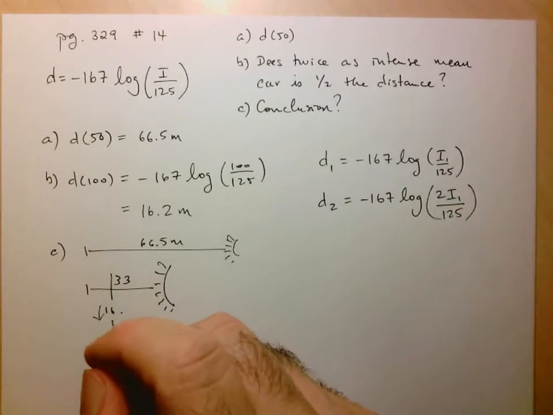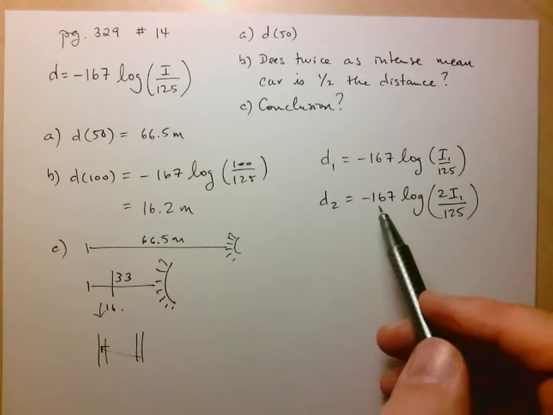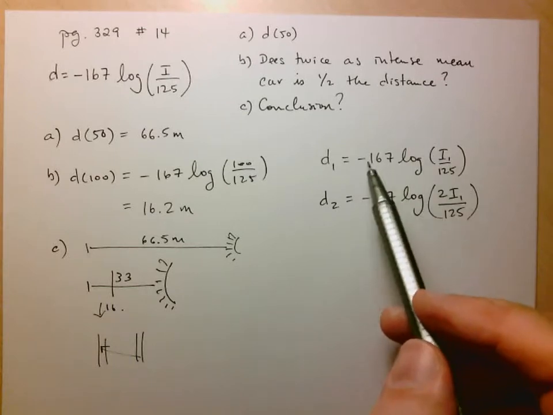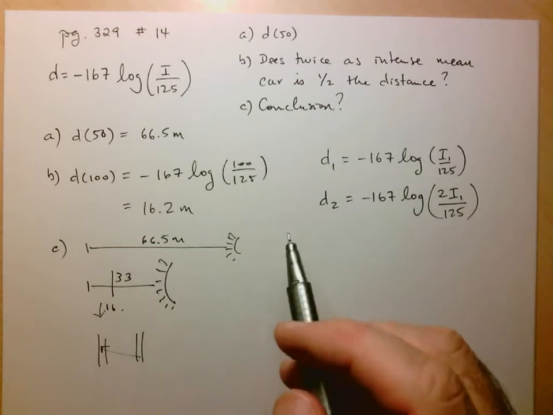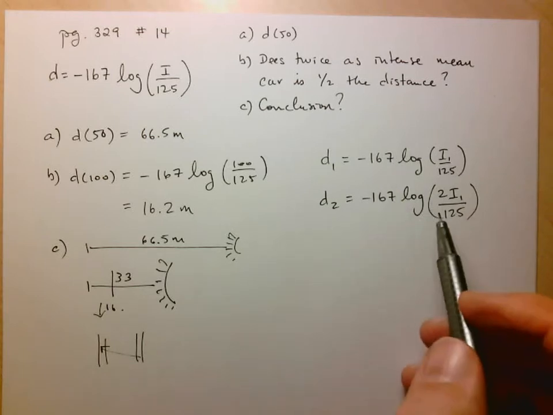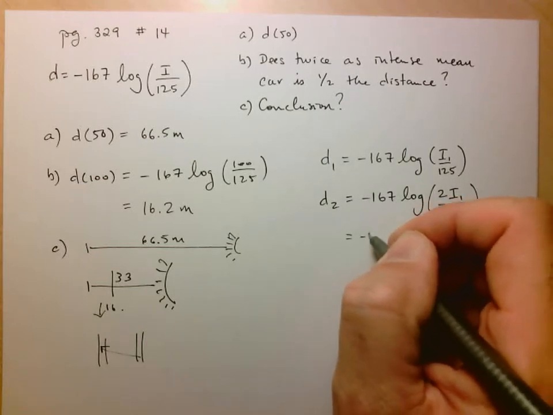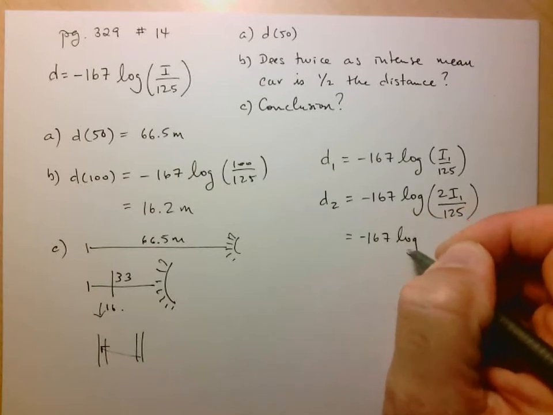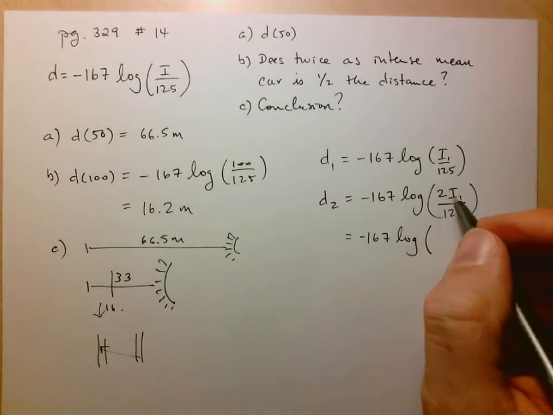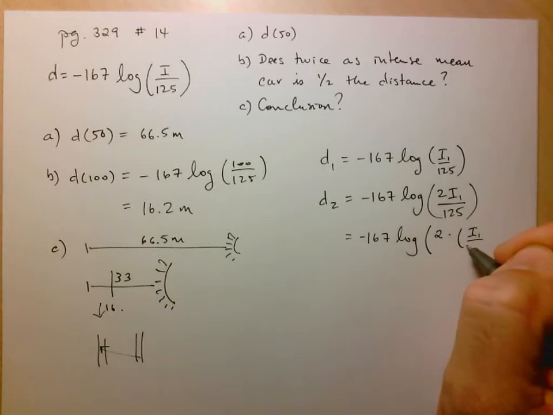Now the question is, can I do any algebra to rewrite this expression so that we've got the original expression in there, so we can make some determination about the relationship between them? Hopefully you remember, hey, wait a minute, we do have something we can use. What if I rewrite this as 2 times I1 over 125?